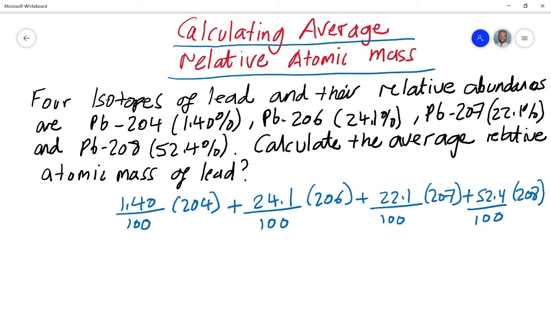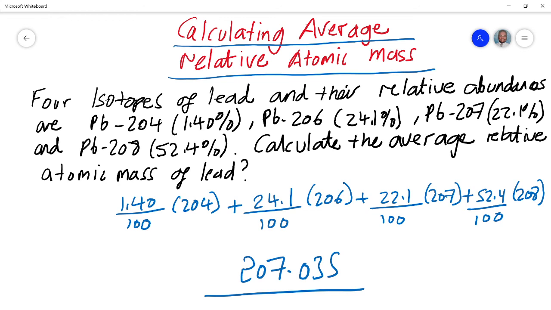From here onwards, you just have to work this out mathematically, so that becomes working out using my calculator. And you will get something like 207.035. From this step to that step, you just have to use your calculator, and when you divide it by each of them, you're going to get the respective answer.